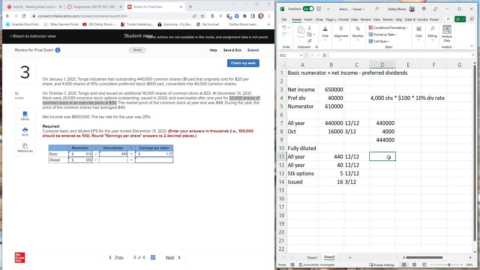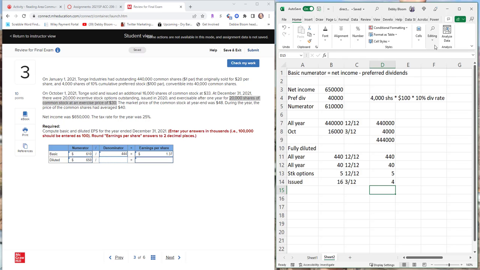So now I'm going to take 440, multiply that by 12 over 12, which is 1. 440, 40, and 5, and then the 16,000 gets multiplied by 3 over 12.